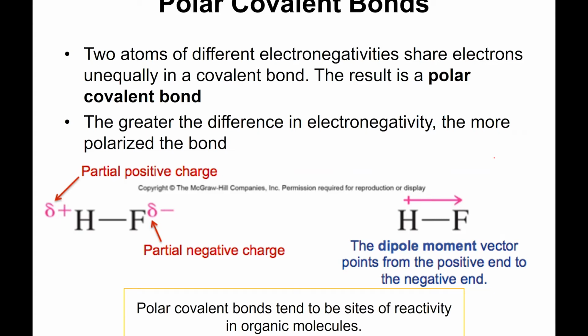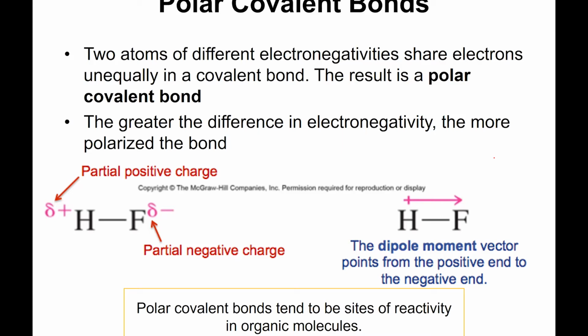And the greater the difference in electronegativity, the more polarized the bond. So in our example here with HF, hydrogen fluoride, you can see, though this forms a covalent bond, not an ionic bond, the fluorine is strongly negatively charged.